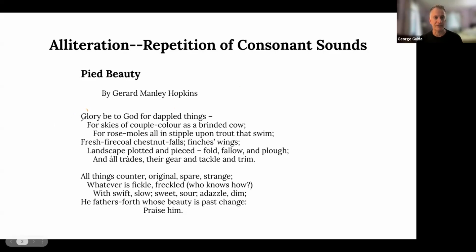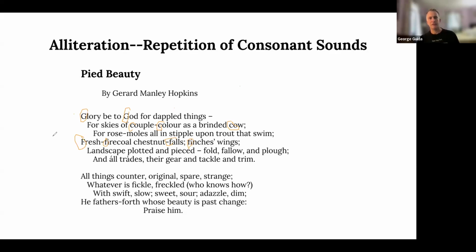You can see alliteration at work in a number of places in this poem. In the first line, for example, the G in glory, the G in God. A little bit later, in the second line, the C in couple, the C in color, the C in cow. And then in the fourth line, fresh fire coal falls, finches.